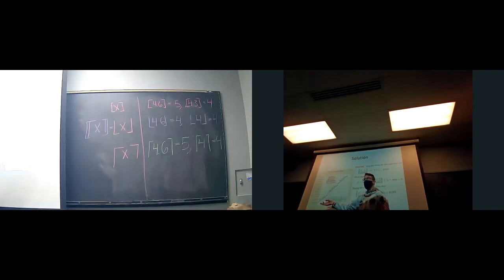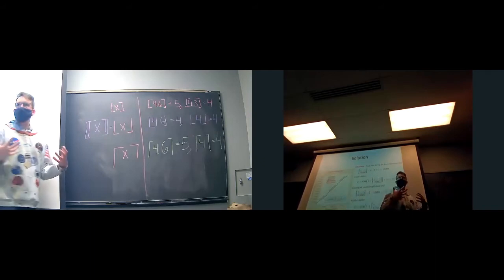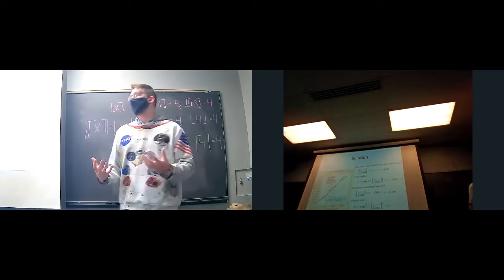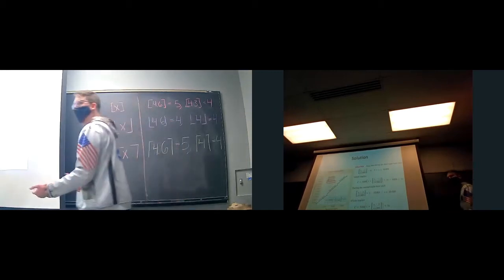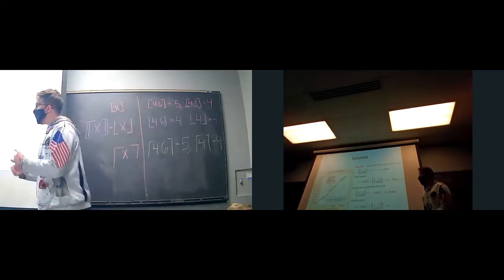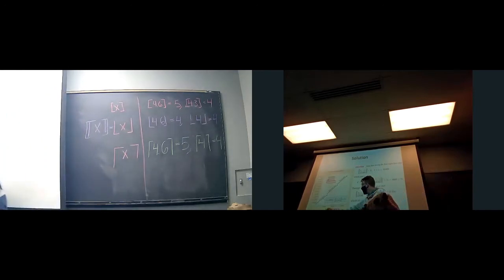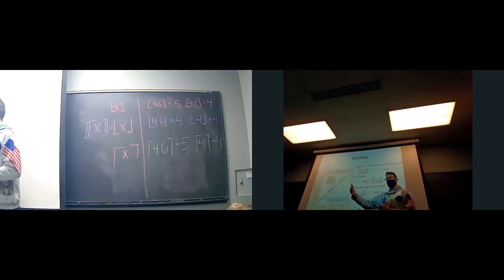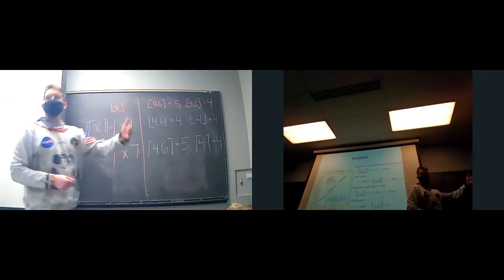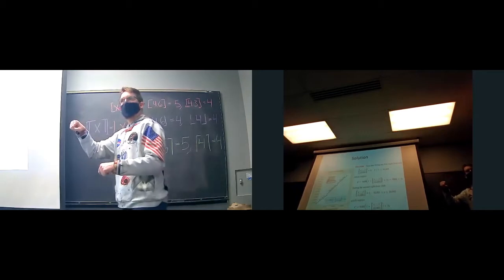Agreed? Well, 5,000 plus whatever this comes out to be. So it's going to act like kind of like a constant. And then you're going to add 3x to it. And then from 10,000 to 20,000, it's going to act like another constant plus 3x. And then 20 to 30 is going to act like another constant plus 3x. And that's why you have this breakup pattern. Does that make sense?